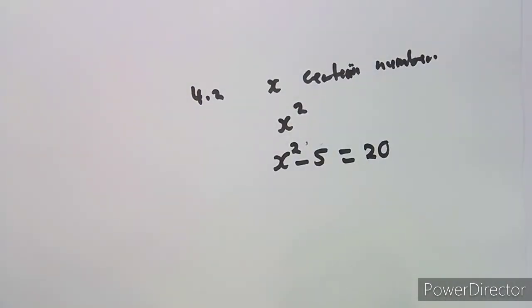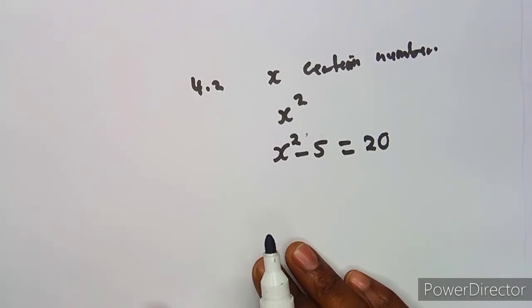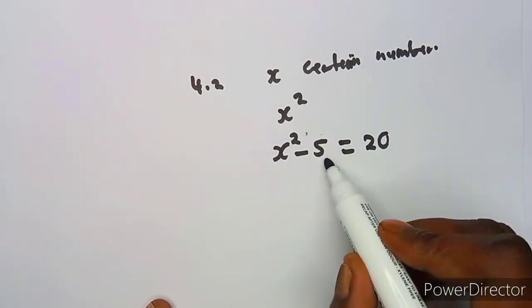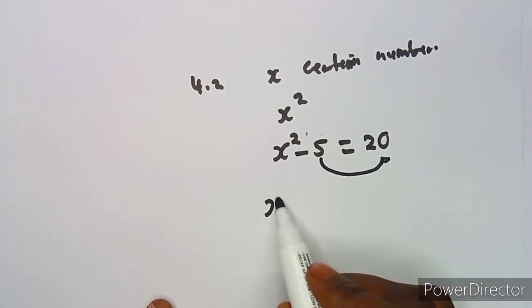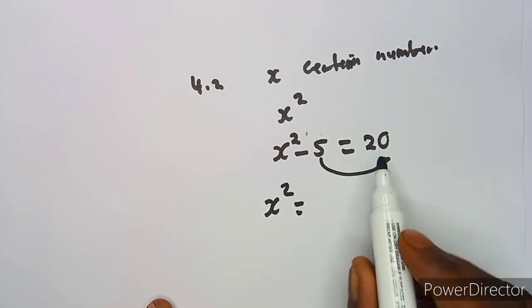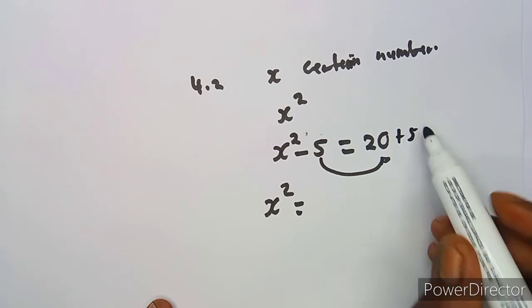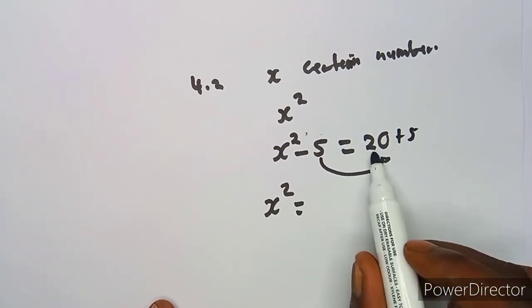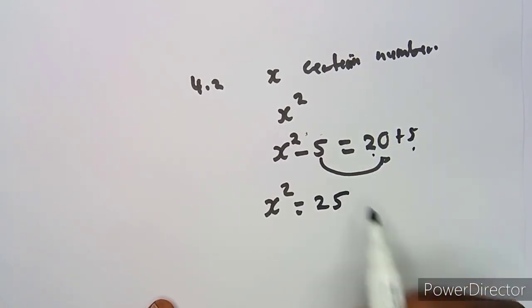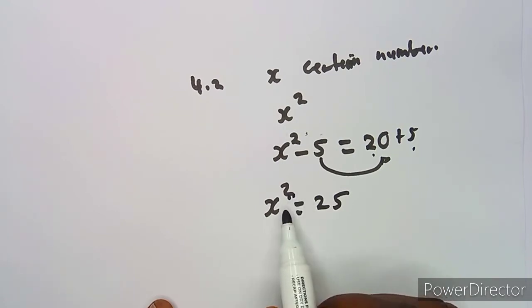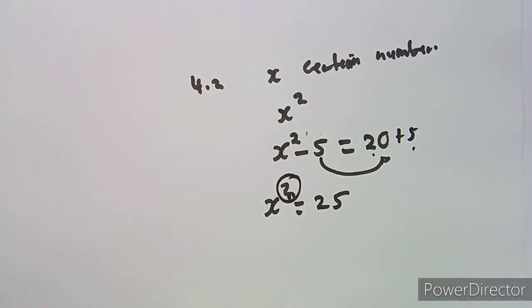All right, so it's an equation. Transpose this to this side. So it's x squared is equal to 20 plus 5, since once it goes to this side it becomes a plus, which is 25. Then to find this x, we have to remove the exponent. Remember, the opposite of squared is the square root.